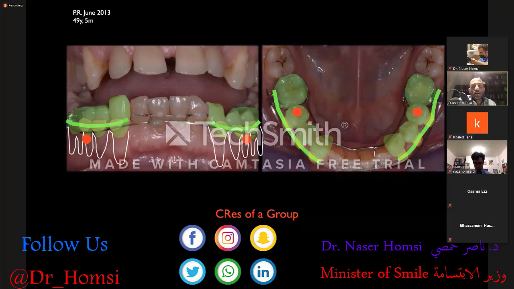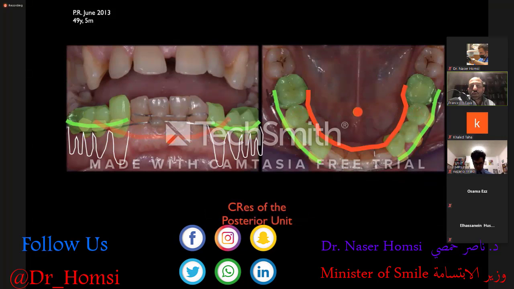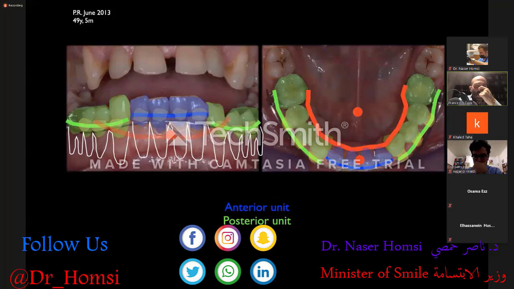This makes the center of resistance of the different teeth become just one, and the soldered lingual arch connecting the posterior left and right lower regions makes the two centers of resistance become just one. So we have a system with two teeth working. We have a center of resistance at the posterior unit and a center of resistance at the anterior unit. A 17x25 TMA intrusion wire intrudes the lower incisors.